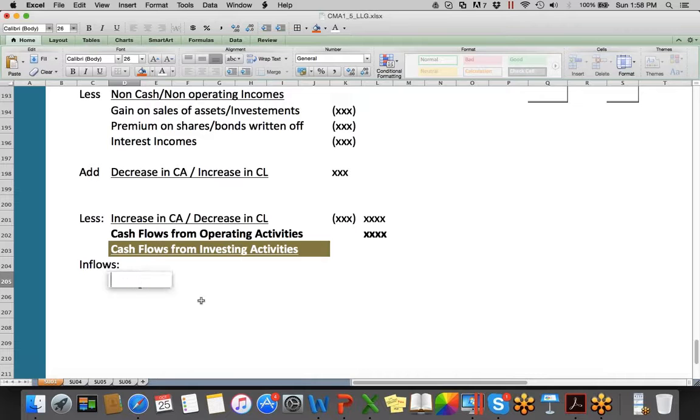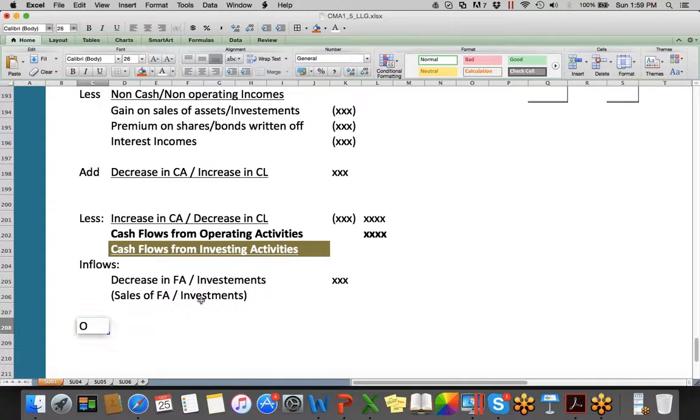Inflows: decrease in fixed assets and investments, which means the sale of fixed assets or investments. That is an inflow. And outflows will be the other way.